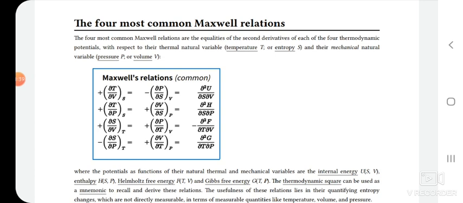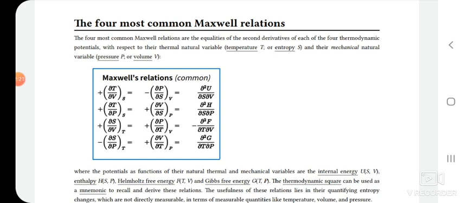So the four most common Maxwell relations are the equalities for the second derivatives of each of the four thermodynamic potentials with respect to their thermal and mechanical natural variables. Temperature and entropy are thermal variables, and the remaining two, pressure and volume, are mechanical variables.